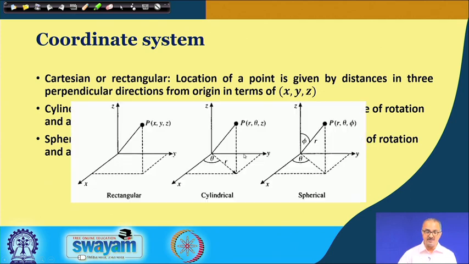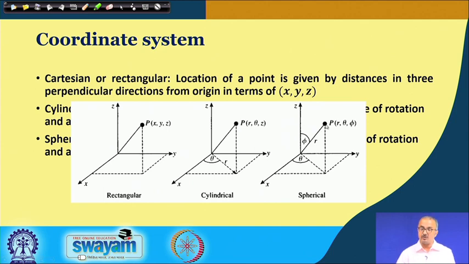This can be demonstrated with this particular figure. You can see here this is the origin. A certain point P may be located by going to x, then y, and then z. This becomes a rectangular coordinate. Similarly, we can also reach this point if I travel a distance r from the origin, take some theta rotation on this axis, and then go up to z, that is the elevation.